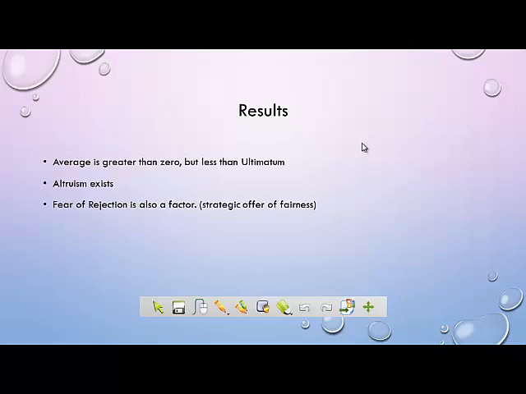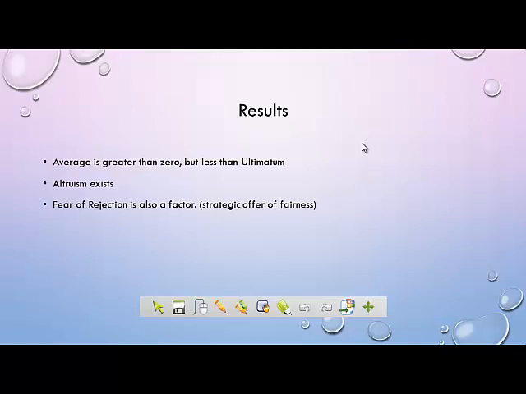So when you play the dictator game in real life, people try to find out whether it's the fear of rejection or whether it's altruism, just giving something to someone else without any counter response, without having any benefit from it.